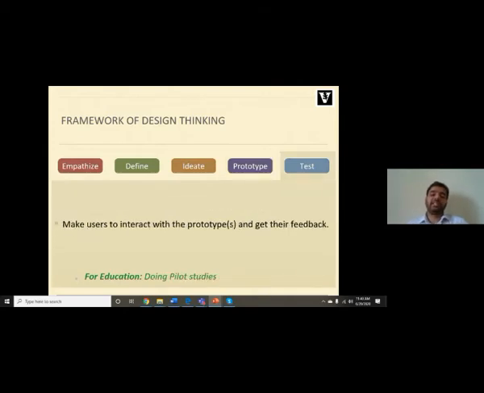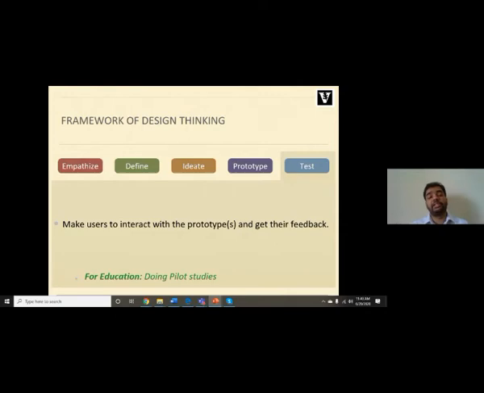So the last step, test, is to make users interact with the prototype and get their feedback. And it's not just getting their feedback, as I have discussed before, it's also about observing how they are using our prototype. Maybe we can make our own inferences while observing that these are the things users are doing or not doing as expected.